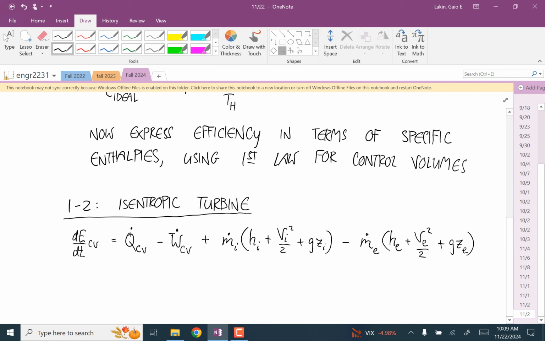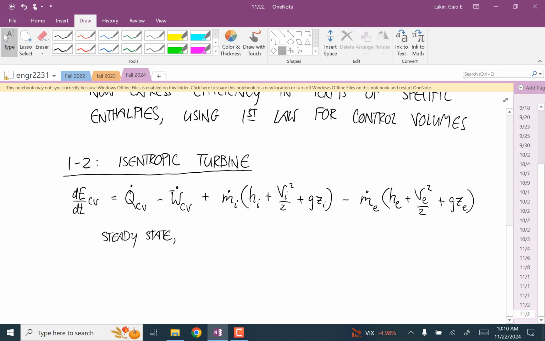We're going to assume this is steady state. We're going to assume that there's no heat transfer. And we're going to assume there's no significant change in kinetic energy and no significant change in potential energy.